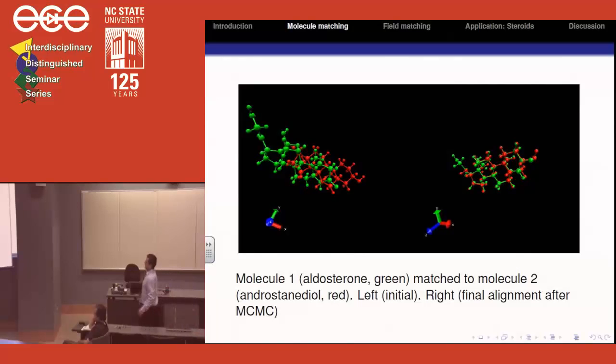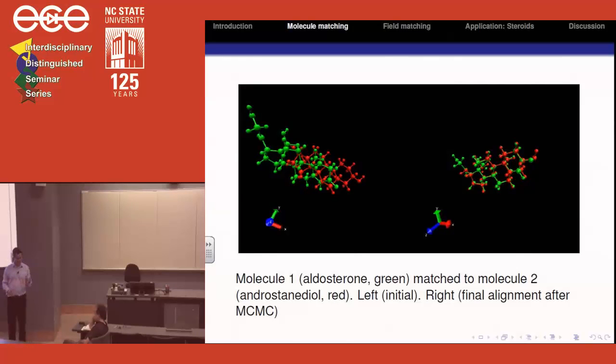But for example, if you start off with these red and green ones, which are these first two, and then this MCMC is like an iterative computational simulation algorithm, which is simulating values from a posterior distribution of the match matrix and the sigma squared. As you let it run, the molecules will hopefully come together, and this is the end result of a successful run.